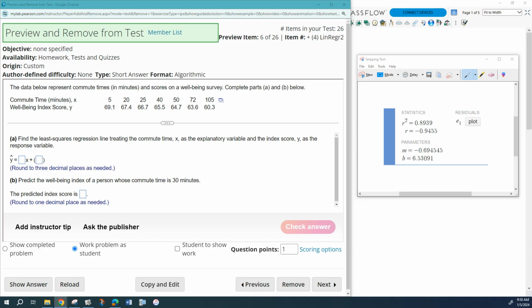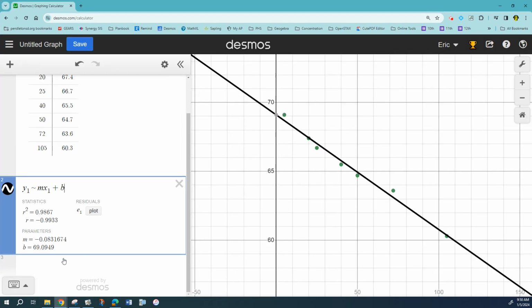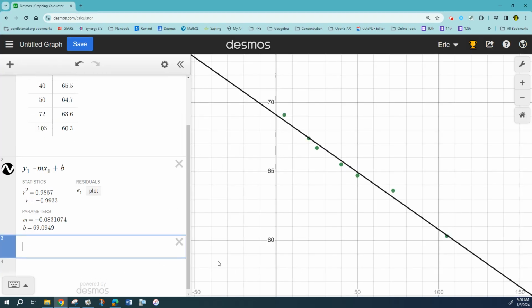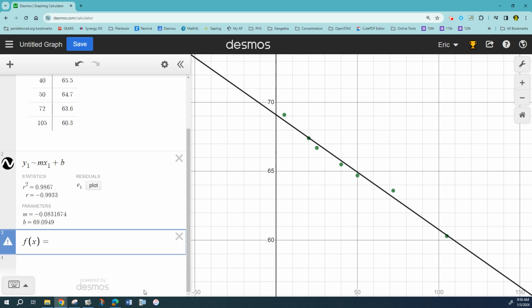Okay? So do you remember how I would do that with technology? Okay, but I don't want to make it y because I want to be able to input values. f of x. Good. I want to write it as a function. So f of x equals mx plus b.